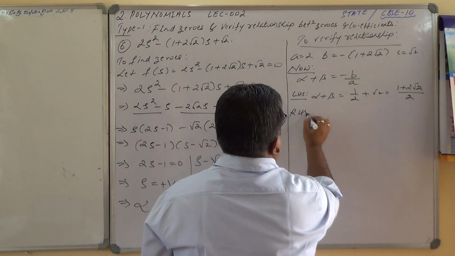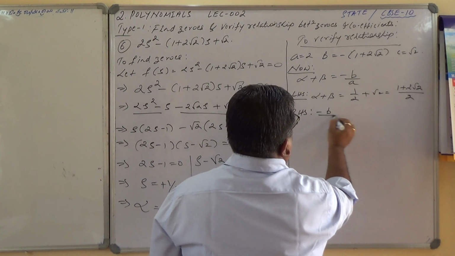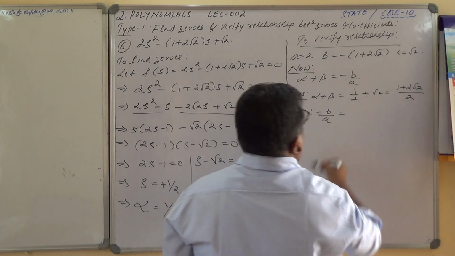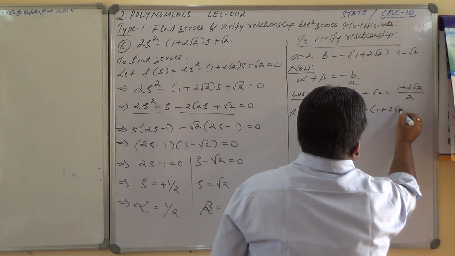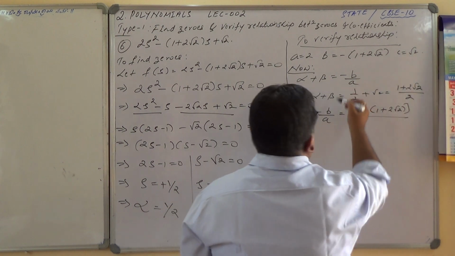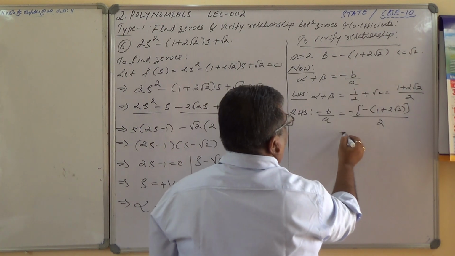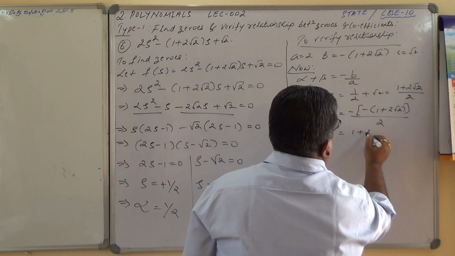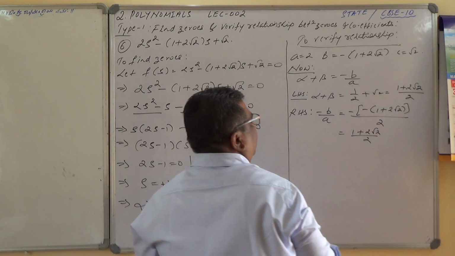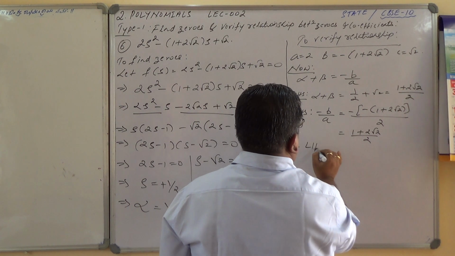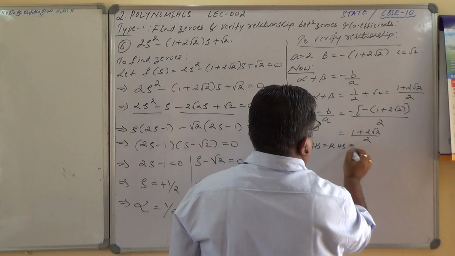RHS: minus b by a. What is minus b here? Minus of, into bracket, minus of 1 plus 2 root 2, the whole divided by a, which is 2 here. So which equals 1 plus 2 root 2 divided by 2. Check here, are these two not equal? Isn't it? Therefore LHS equals RHS.